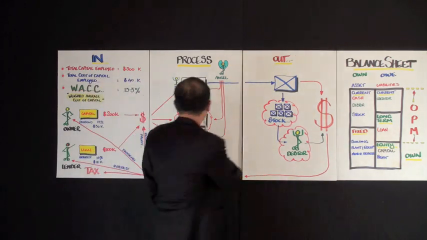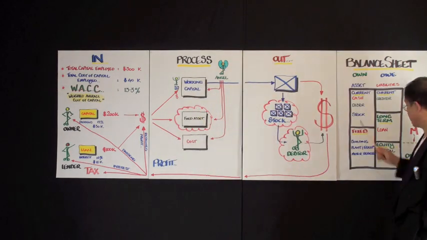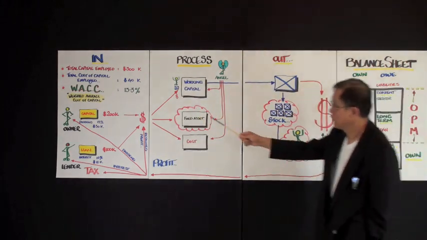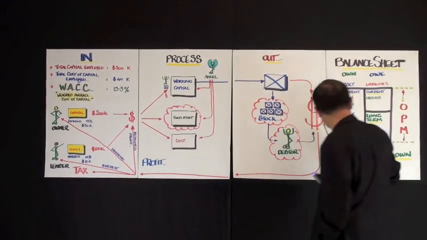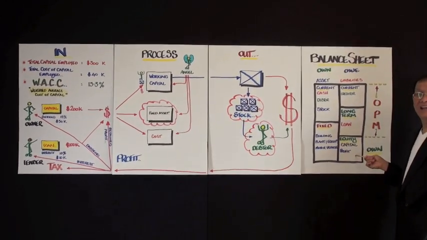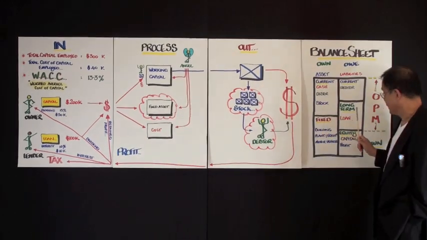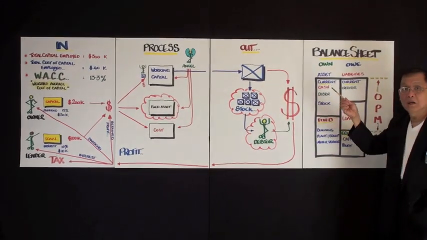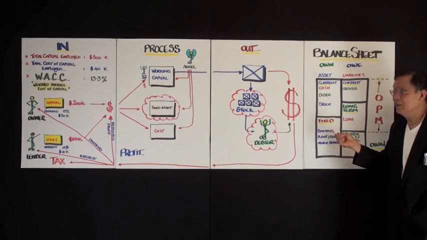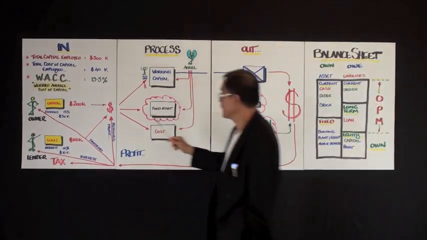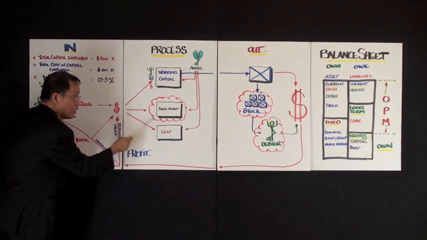Now, here, money comes in, current asset. Money comes from where? Owner, capital. Lender, loan. It goes into current asset, fixed asset. Some of the money goes in here as cost.